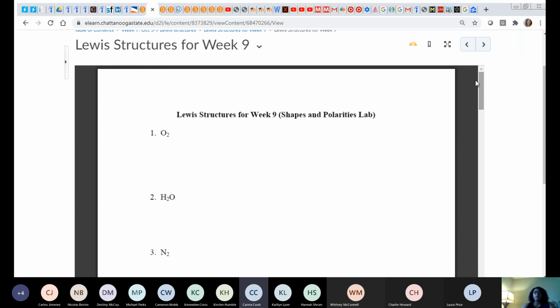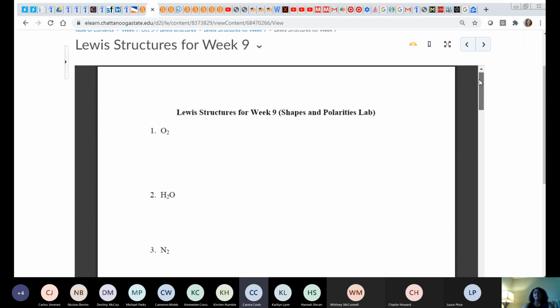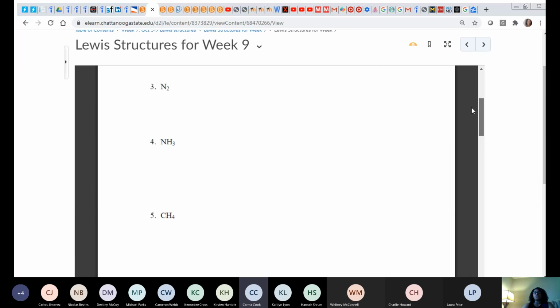Our week 9 lab will be held on October 23rd. By 8:50 a.m. on 10/23, you need to have this document completed with the Lewis structures drawn.